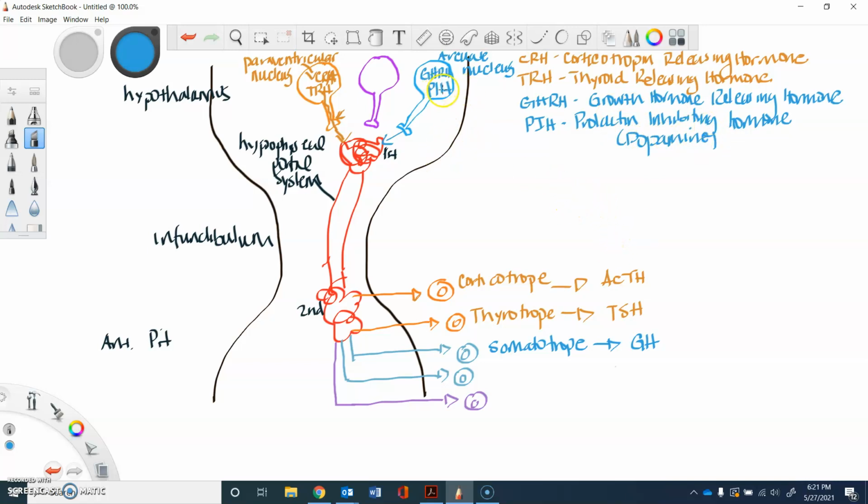And if you think about the words prolactin inhibiting hormone, it will also target a cell called a lactotrope, and it will stop the secretion of prolactin. So when we need prolactin, then the hypothalamus secretes less or no dopamine or prolactin inhibiting hormone.